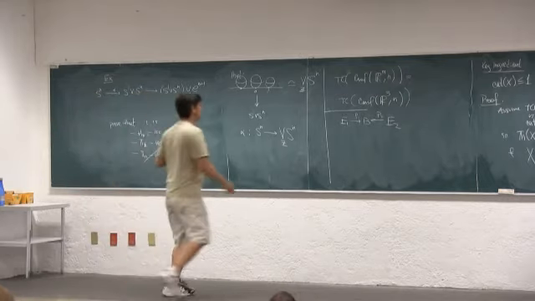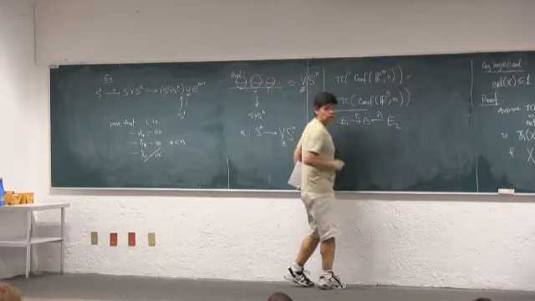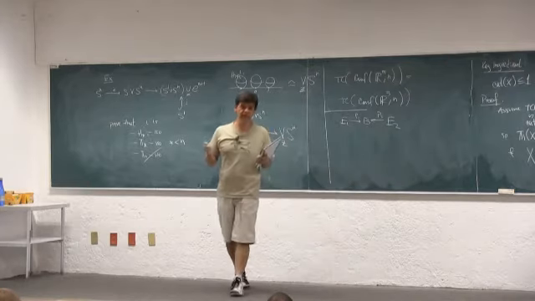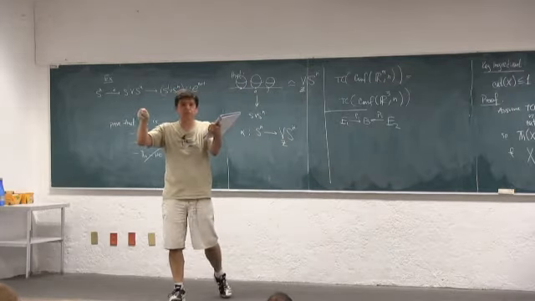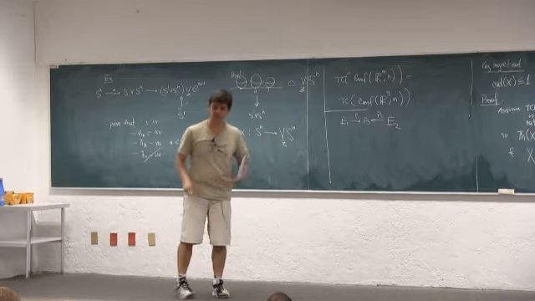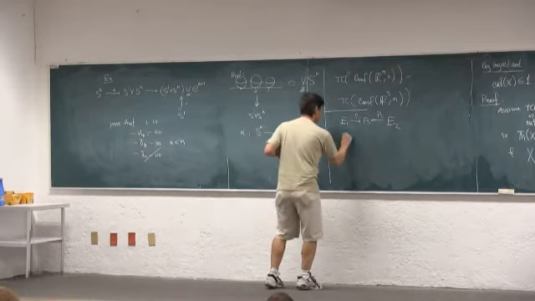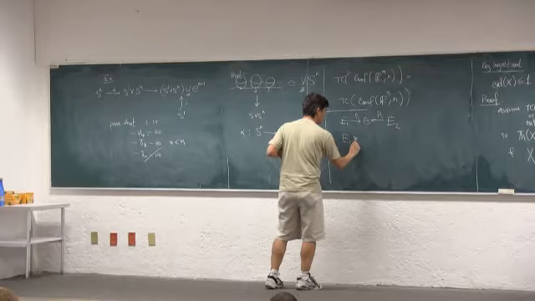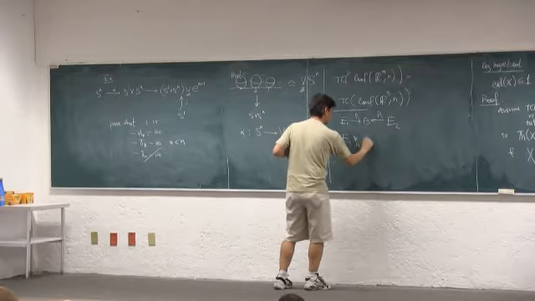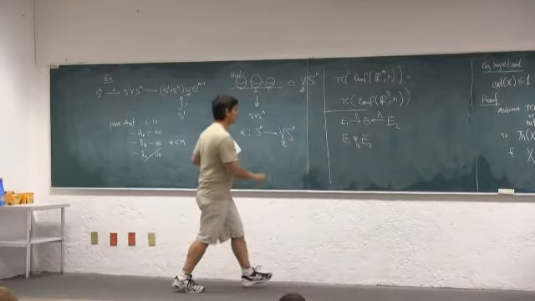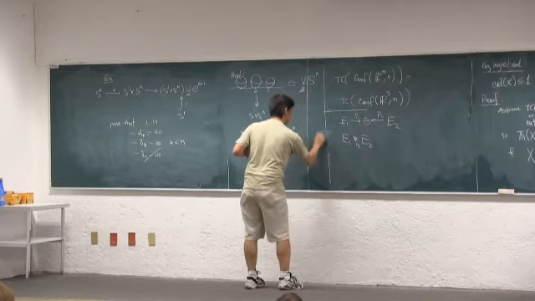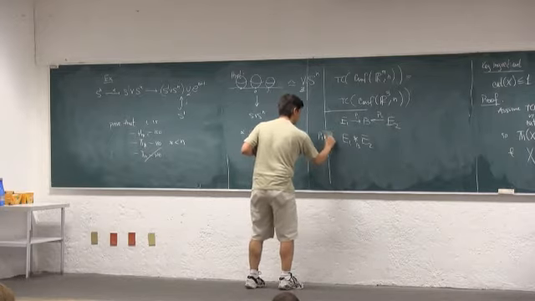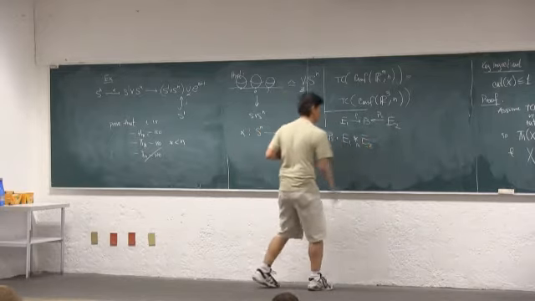But I want to do the same thing here, only joining points that lie in common fibers, in fibers over the same point. So the E1 join over B with E2, and I will actually be defining a fibration p1 join over B with p2. But let me define this space first.